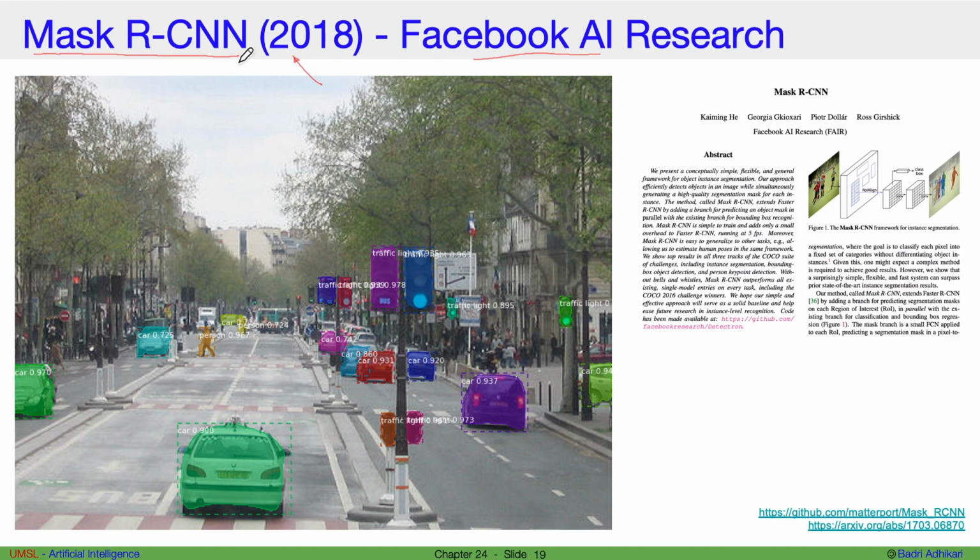Their method can very accurately detect objects with multiple low-level features. For example, here they have detected a car with a very high confidence of 90%, another car with a confidence of 72%, right? They have also detected pedestrians, a traffic light with some confidence, a car again with 93.7% confidence, and so on. So now image segmentation methods have become really powerful, where they can take a scene like this as input and detect segments in the image.